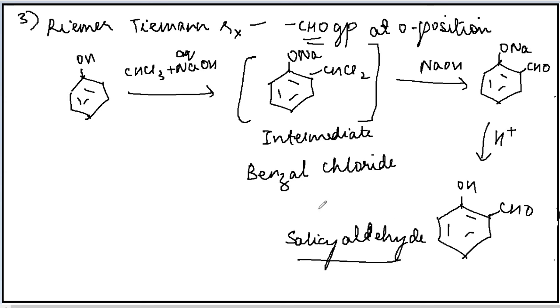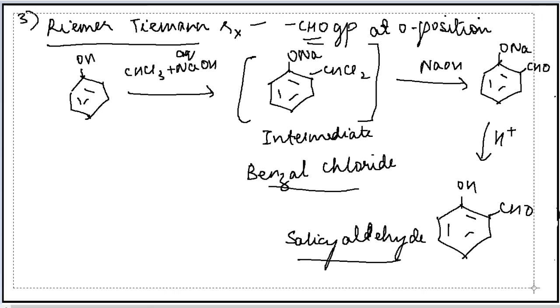Okay, so this is your Reimer-Tiemann reaction. Reimer-Tiemann reaction is the reaction in which a CHO group is introduced at the ortho position of phenol. The reaction takes place in presence of chloroform and aqueous sodium hydroxide, and the intermediate formed in the Reimer-Tiemann reaction is benzyl chloride. So this was the third reaction.